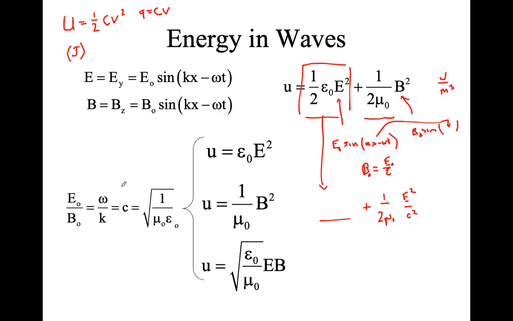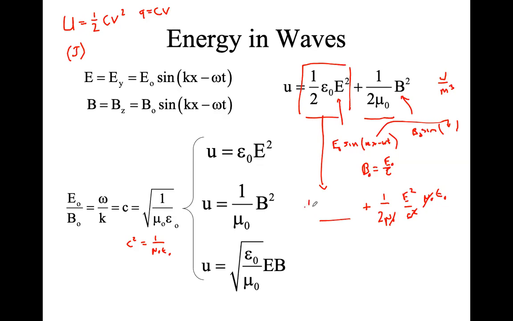Now remember we said the speed of light is related to these two things. So the speed of light squared must be equal to 1 over μ0 epsilon 0. That's what I'm going to put right there. It's in the denominator, so that means I'm multiplying by μ0 epsilon 0, right? And then that cancels.